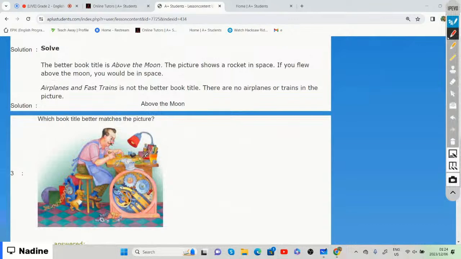Remember also that when we write our titles, the first word is capitalized and the last word is capitalized.